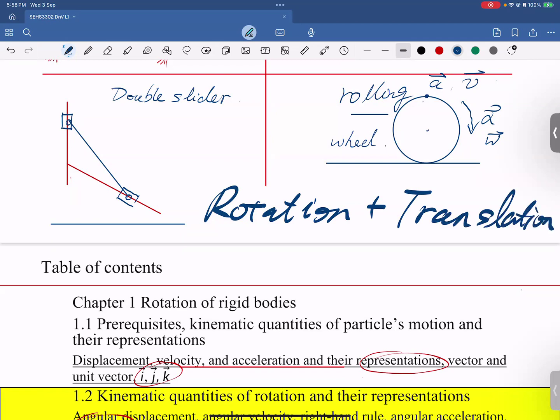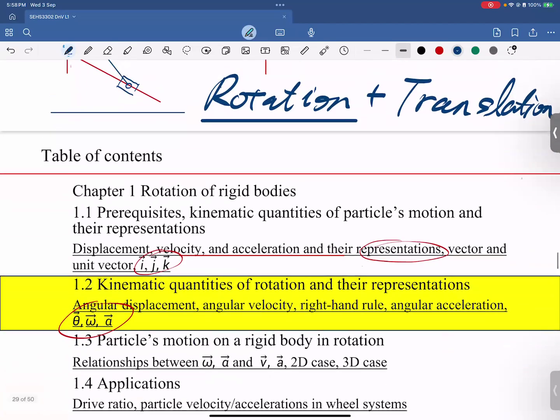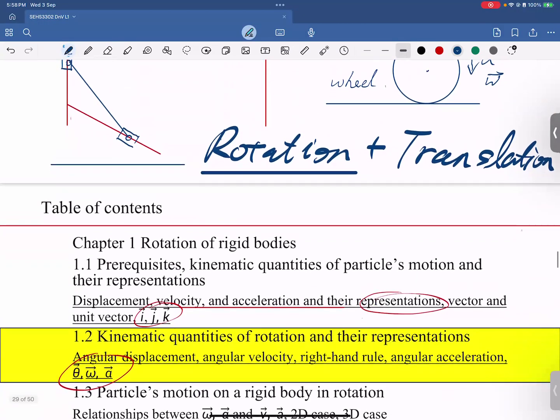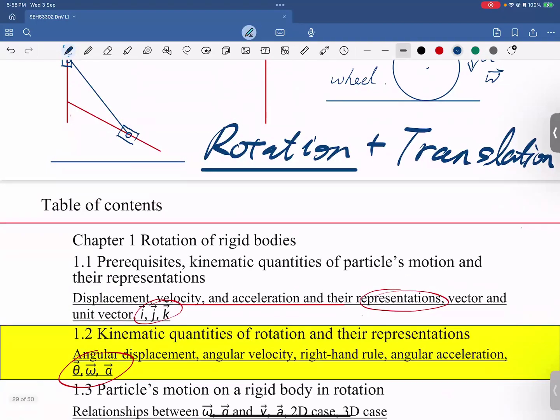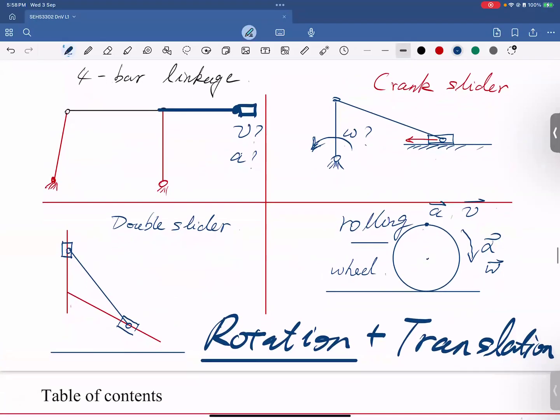So firstly, we learn how to deal with rotation problems. So next lecture, we will talk about rotations with the vector method. The translation is quite simple once you understand rotation. So at last, you can use it in this structural analysis. Yeah, that's it.